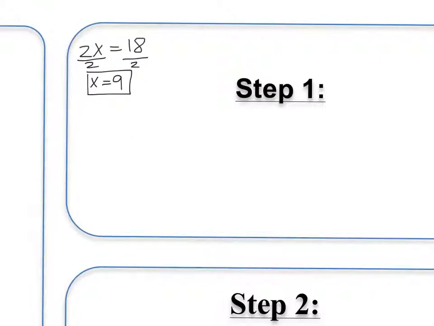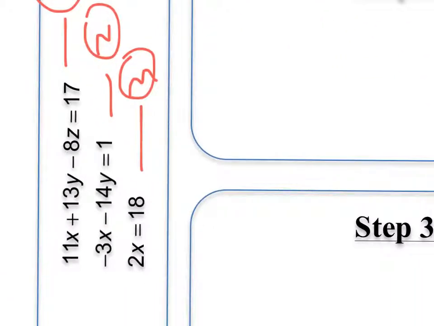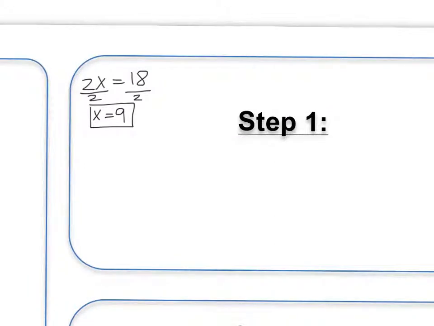Now let's look at the second equation, which is negative 3x minus 14y equals 1. Let's copy that down with a different color, and let's see what we can do. So minus 3x minus 14y equals 1. Now what if I plug in the value for x? Then I will end up with an equation with only one variable, which is y.